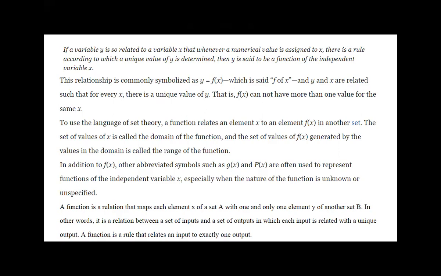What does this mean? Y is our f of x. Simply, x is our variable and f of x is the function defined for that x. And f of x is nothing but y.